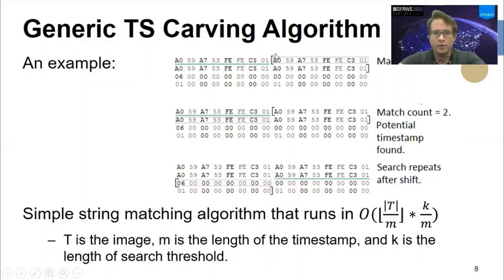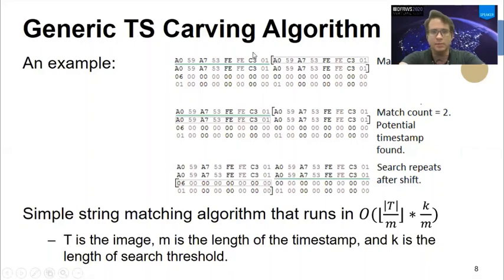And we have a search space in front of the keyword, which we call a search window of length k. In this case, the length is 24. You are searching for this keyword inside this search window, and you're looking for multiple hits of it. So in this rule, you need to find at least 2 matches of the keyword in the search window to say, okay, there is a potential timestamp located at this offset.